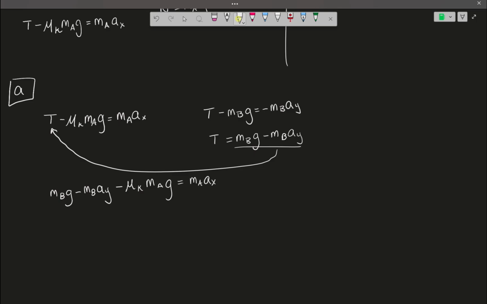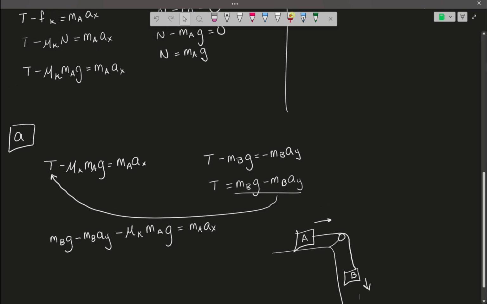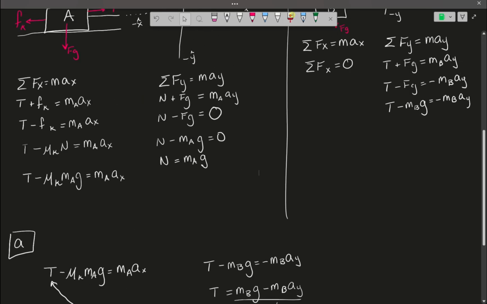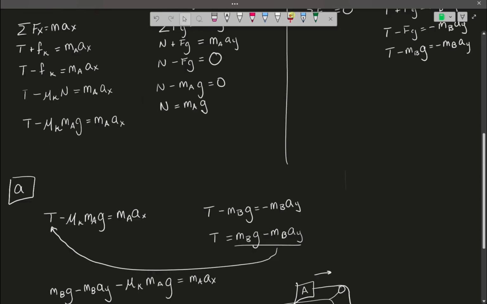There's one more thing I need to consider here, right? And that is I have an acceleration with a subscript x, and I have an acceleration with a subscript of y. I have the acceleration on block A, which is in the x direction. I have the acceleration on block B, which is in the y direction. These are now scalar numbers. I already incorporated the directionality in the equations whenever I wrote these equations out.